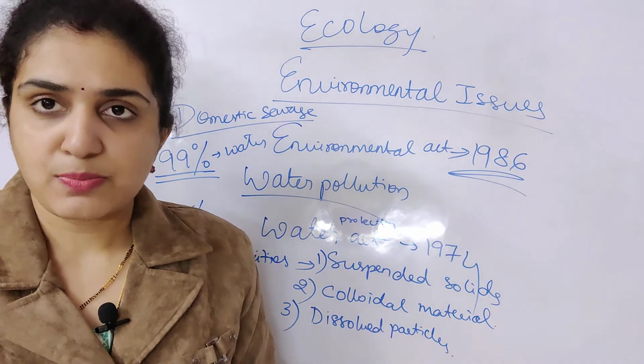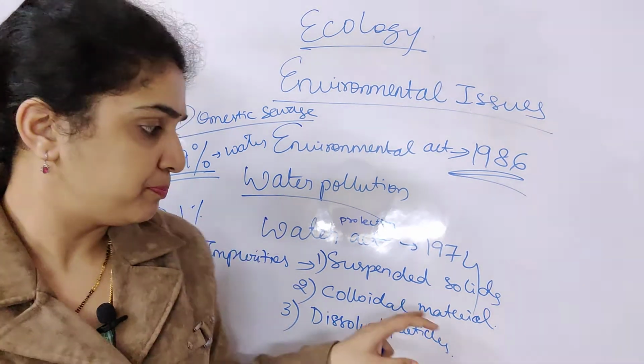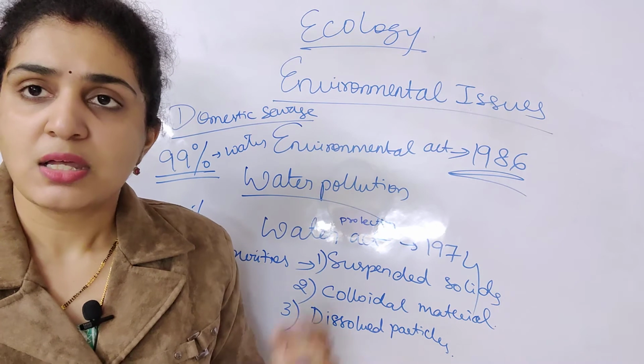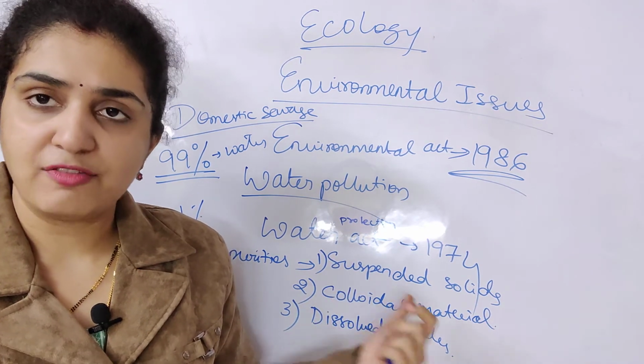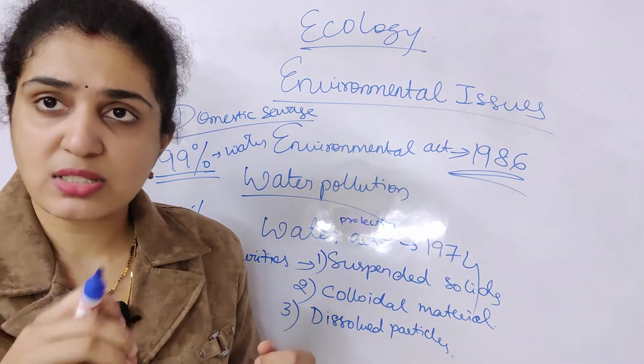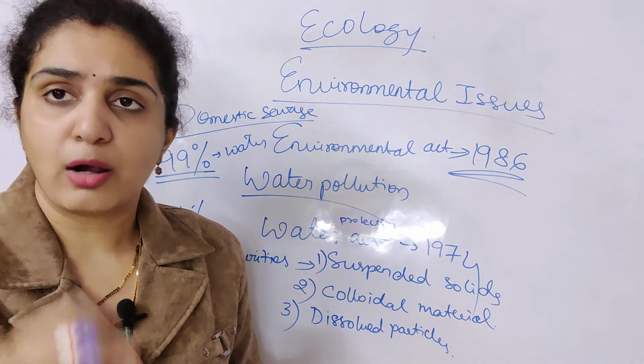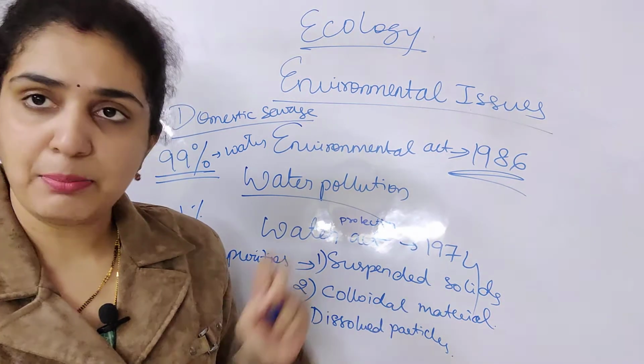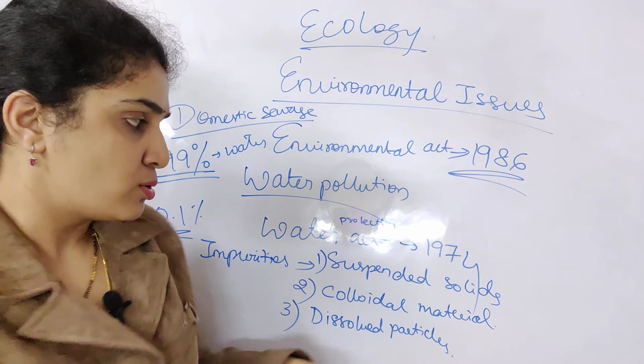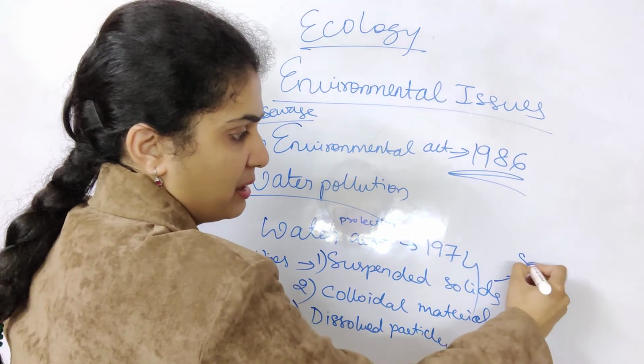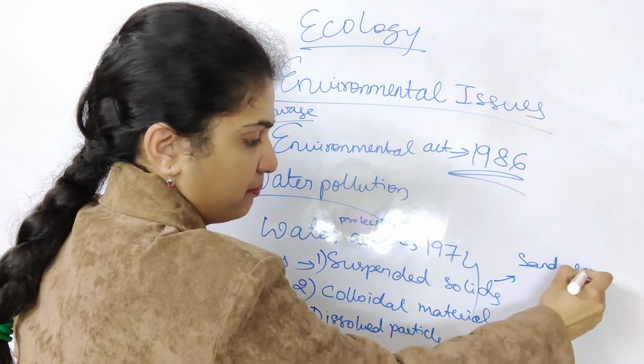In the suspended solids, the sand or clay, everything will come under suspended solids because they are suspended in the ground areas. So these can be easily removed. The suspended solids examples are sand as well as clay.